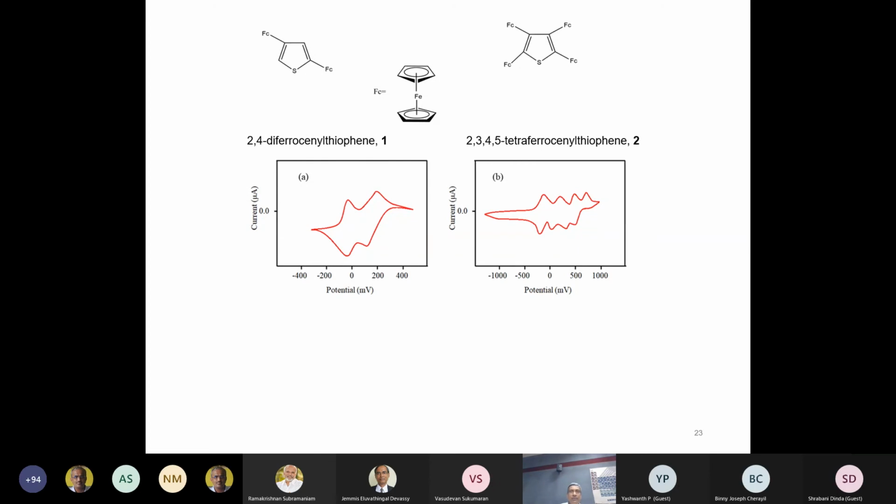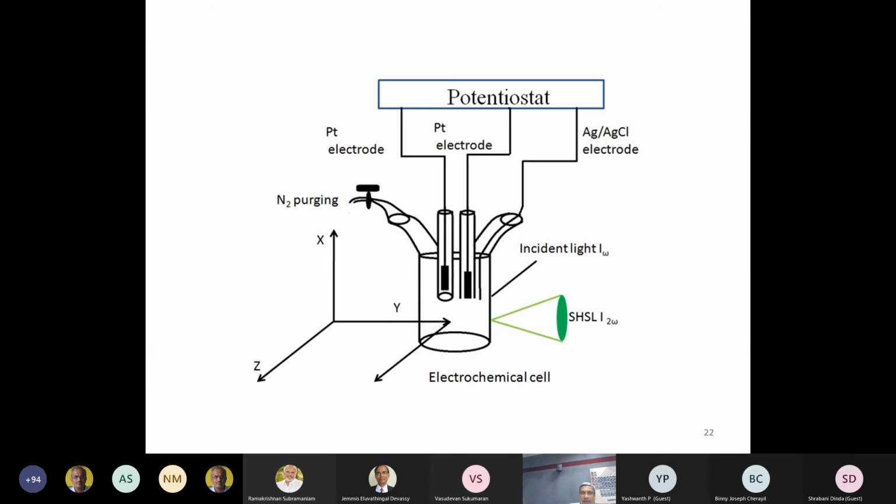What is interesting about these two molecules is that by now we had a lot of facilities. One thing is that instead of using chemical oxidant, where the reduction was very difficult, we could now do it electrochemically. We made this cell by this time. Here you can do in situ electrochemical oxidation and reduction by using electrodes.